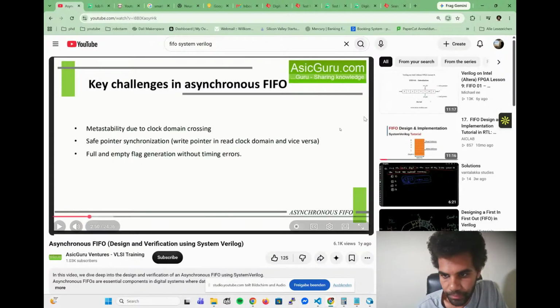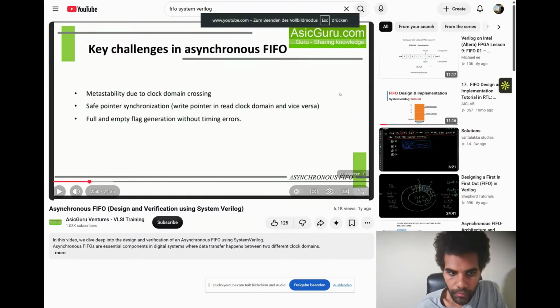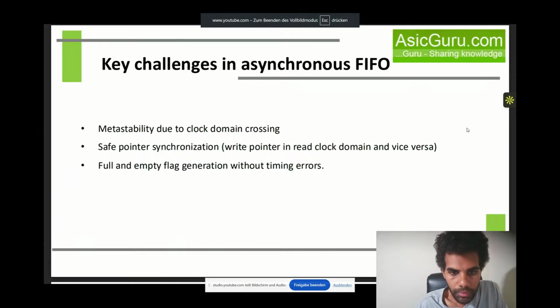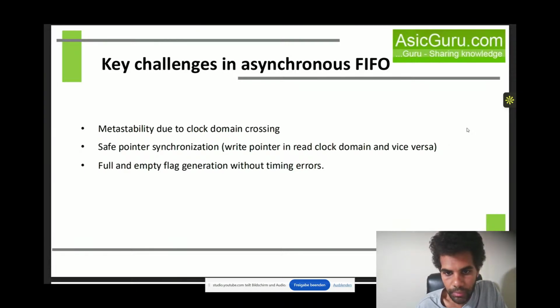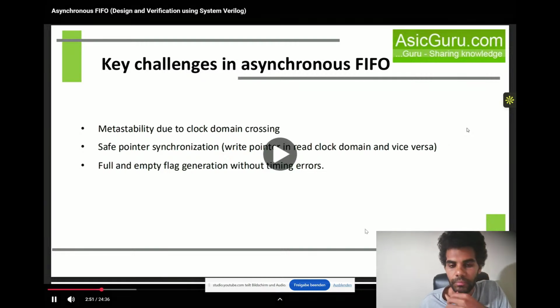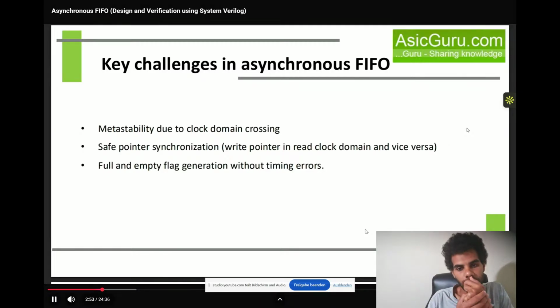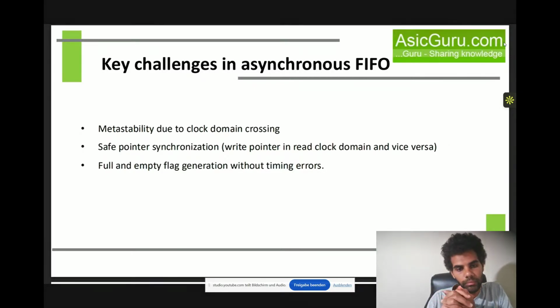Safe pointer synchronization: write pointer in read clock domain and vice versa. Full and empty flag generation without timing error. And third is full and empty detection, which is tricky because clocks are independent.